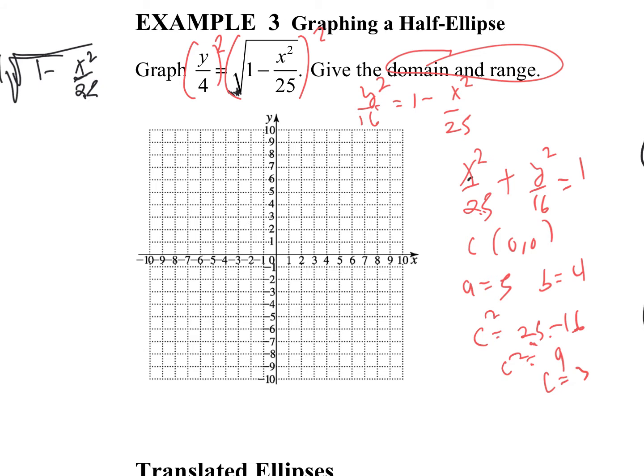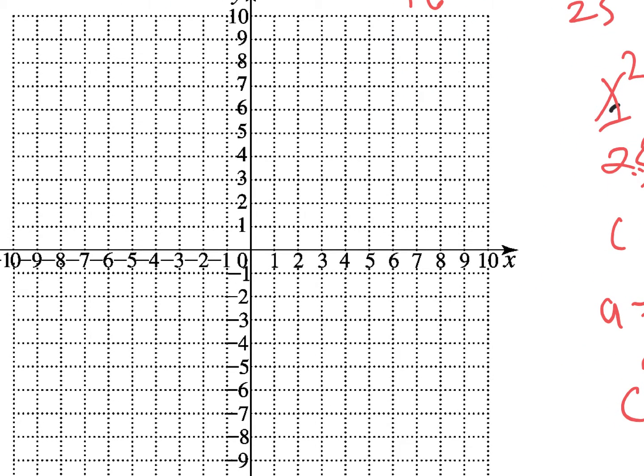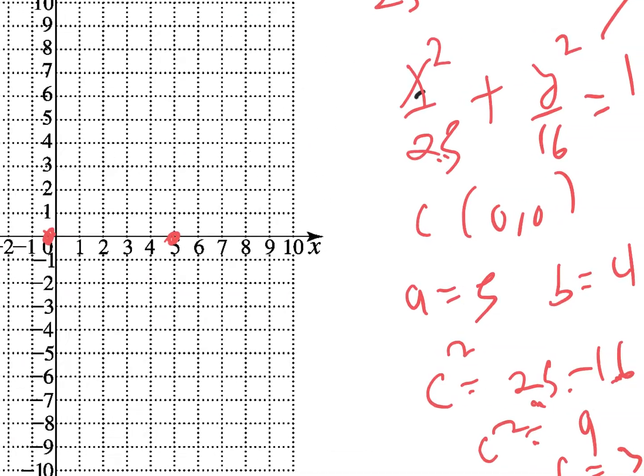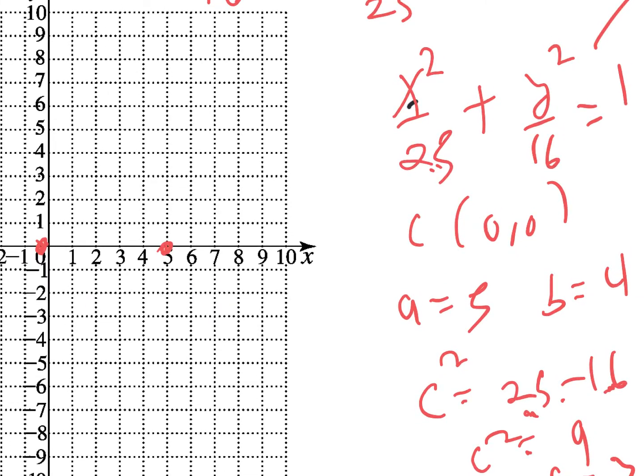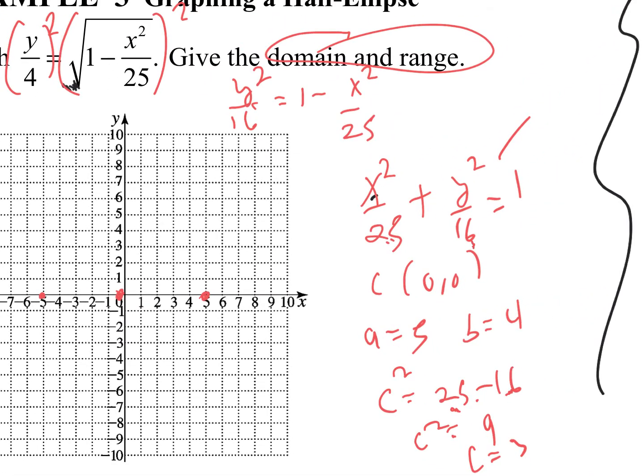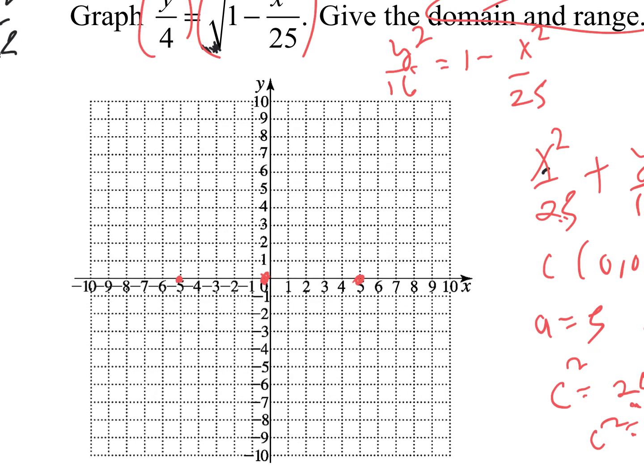So let me graph it. I did all this work by hand, so I'm not using a calculator. I need to go 5 to the left of the center 0, 0, and 5 to the right. What was my b? My b is a 4, because 4 squared is 16. Right here. So I'm going to go up 4, down 4.